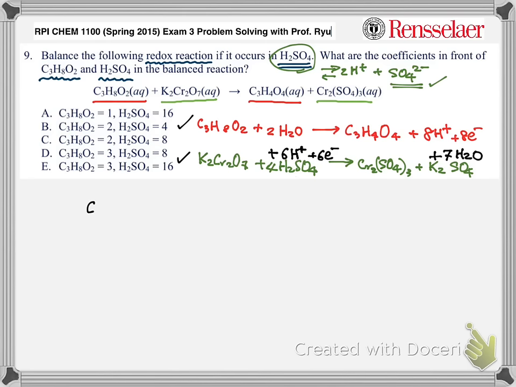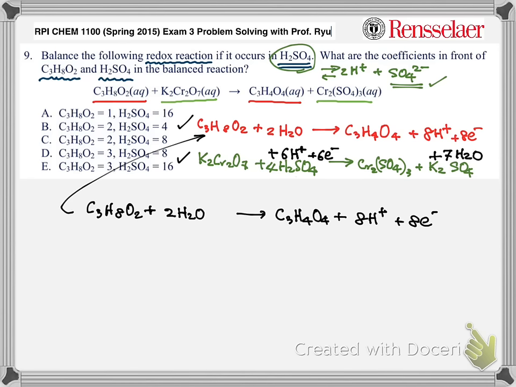It's C3H8O2 becoming C3H4O4, and I was balancing the oxygen using water, that was 2H2O, balancing the hydrogen using H plus, and balancing the charge using electrons, 8 electrons. So that was the same equation that I wrote before.